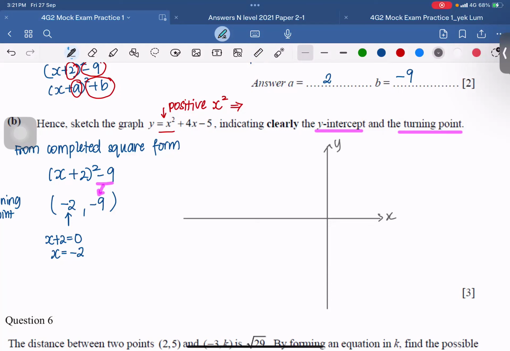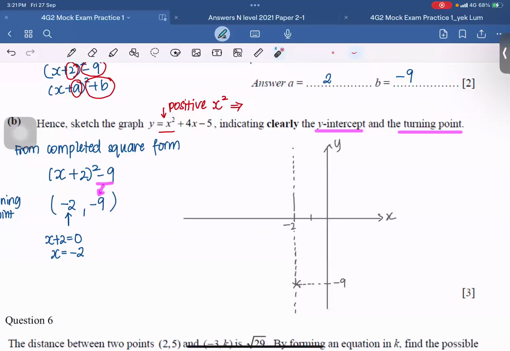I need first -2, then -9, maybe all the way below. This is my turning point. If this is my turning point, I will have a line of symmetry along here.